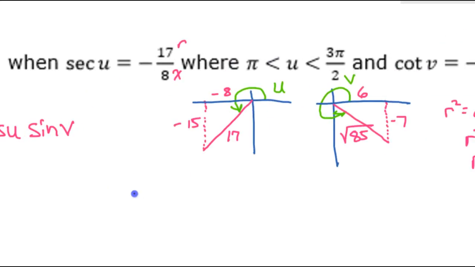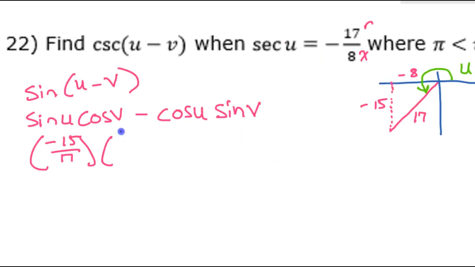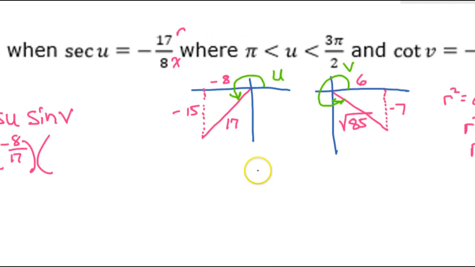Okay, so we're finding the cosine of V, so that's going to be 6 over radical 85. And then minus, and now it's time for cosine of u, so that's negative 8 over 17. And sine of v, so that's negative 7 over radical 85.